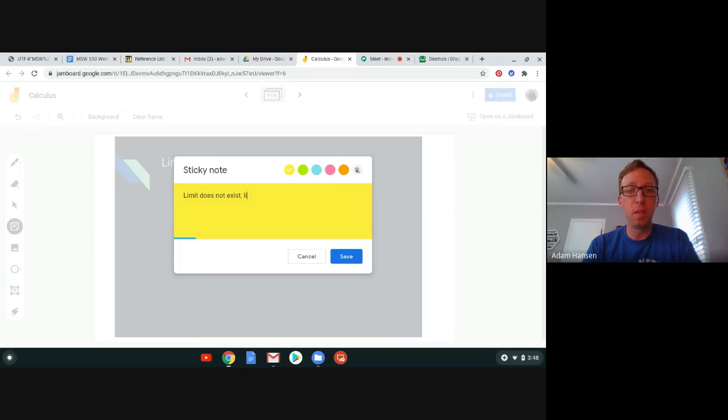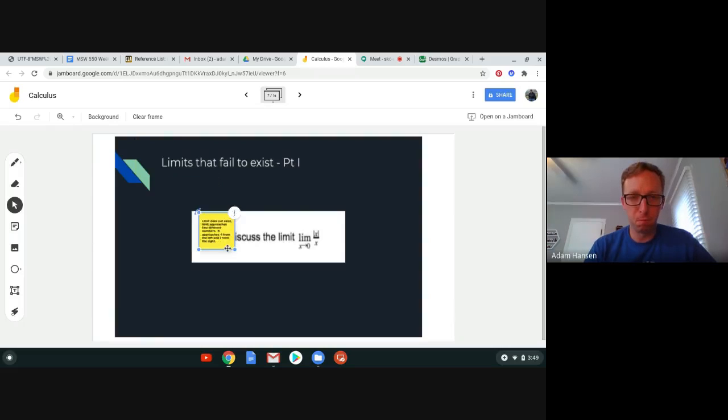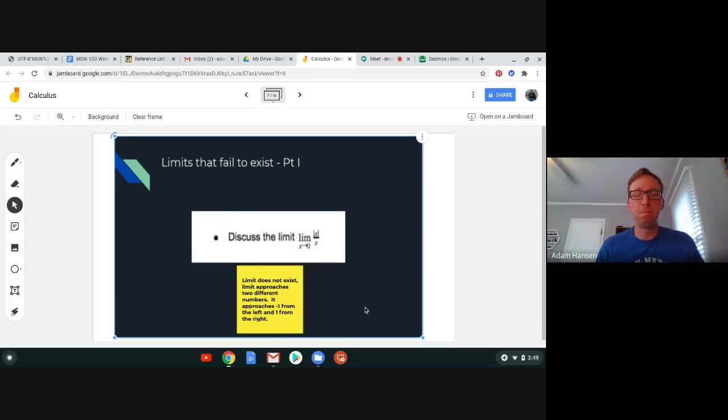The limit approaches two different numbers. It approaches negative 1 from the left and positive 1 from the right. So therefore, our limit does not exist.